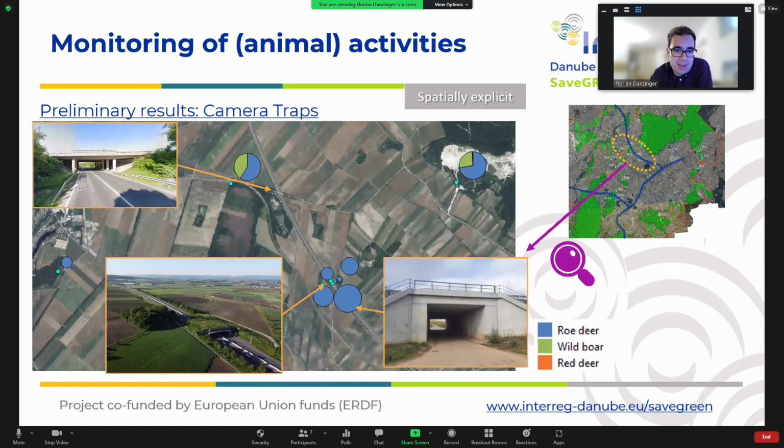When looking at the other green bridge in the north, here you can clearly see red deer occurred in 2 records, I think, in this area up in the north, but otherwise we had some wild boar in this patch of woodland. No evidence of wild boar or red deer on the green bridge itself, only roe deer.